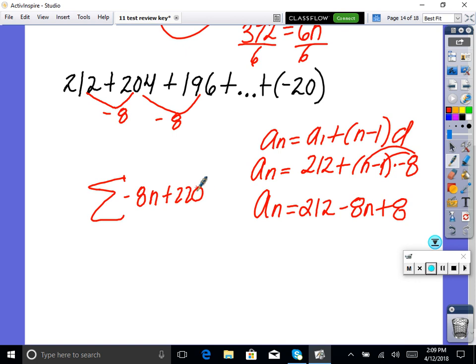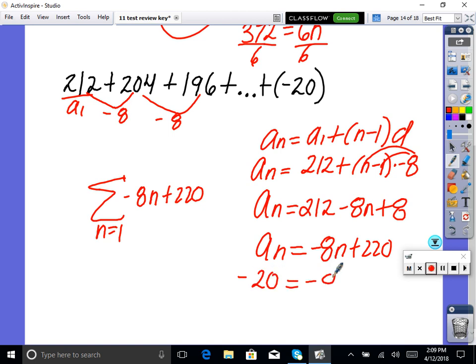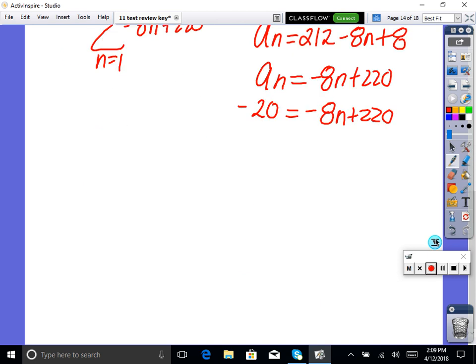And then we're summing up 1, a sub 1 through 2, 3, we don't know again. So we've got to hurry and plug that in. So we have a sub n is equal to -8n plus 220. So we know a sub n is -20, which is equal to -8n plus 220, and then solve for n.